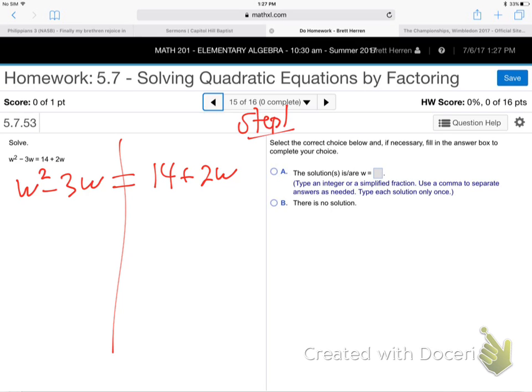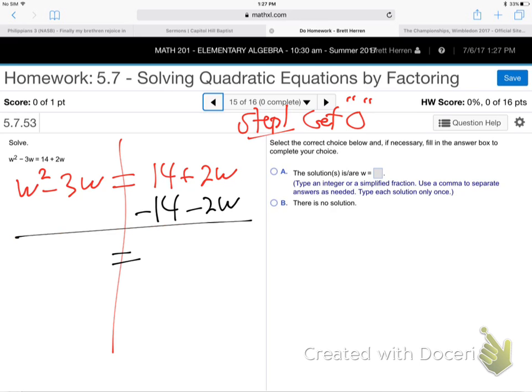Get a 0. How am I going to get a 0? Do the opposite of these guys. Make that right side become 0. You with me? Right? Minus 14 minus 2w. That right side is gonzo, 0.